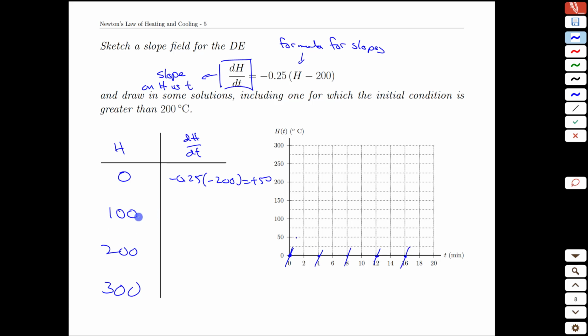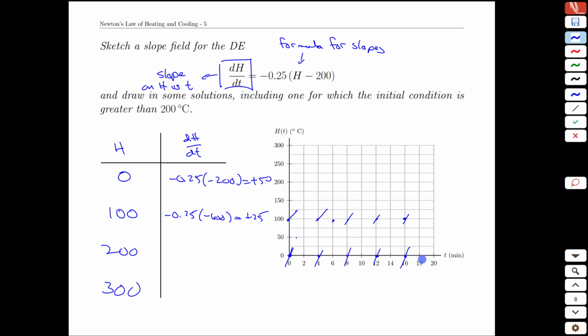If we have a temperature of 100, we're going to end up with negative 0.25 times 100 minus 200, which is negative 100, and that will be positive 25. Those slopes would be up 25 for the time it takes to cross 1, like so. Keep them consistent here, and so on.